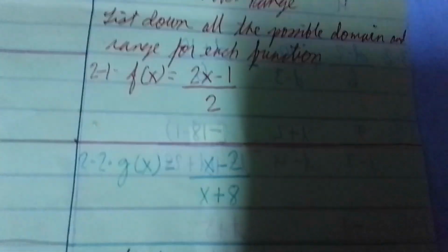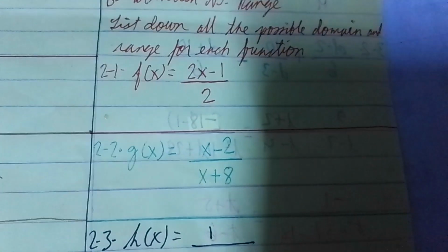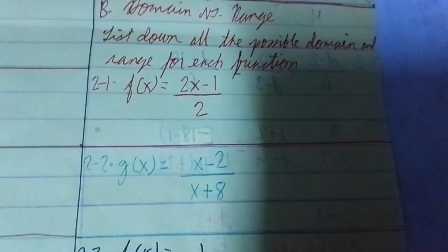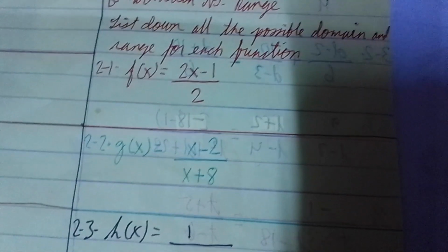So how do we solve for the restricted domain? First, let's set our variable equivalent to 0. So ganito yung mangyayari. Ayan, so ganito ang sitwasyon namin. Diba, remember, x plus 8 is equivalent to 0. So the first thing that you need to do is to set your denominator equivalent to 0. Tama? So x plus 8 equals 0.